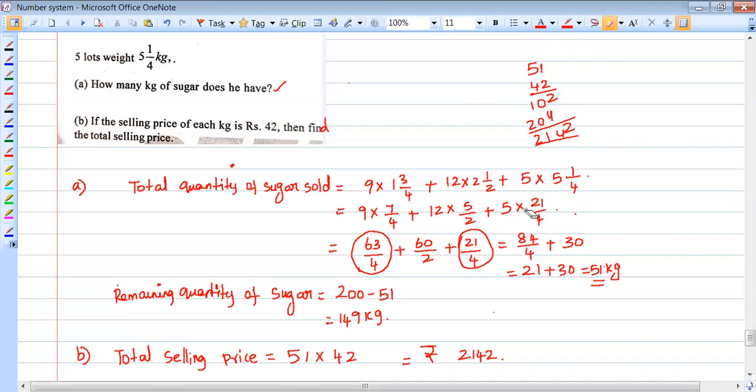So here 5 into 21, you will get 105. I'm sorry. So the entire answers will be changed here. So let me write with some other color, then you will identify. This is 105 because 5 into 21 by 4, right? So here we will get 168 by 4.